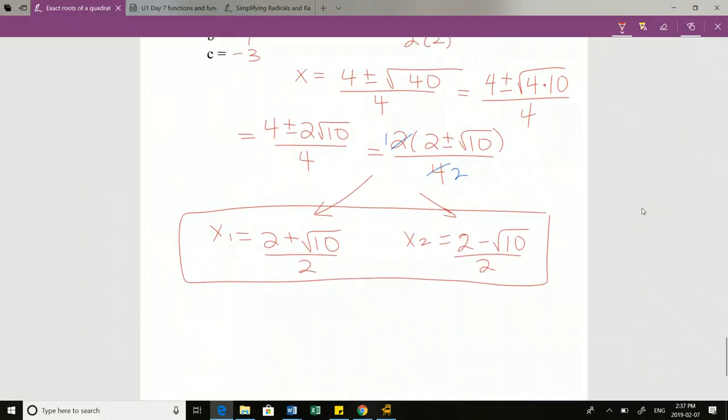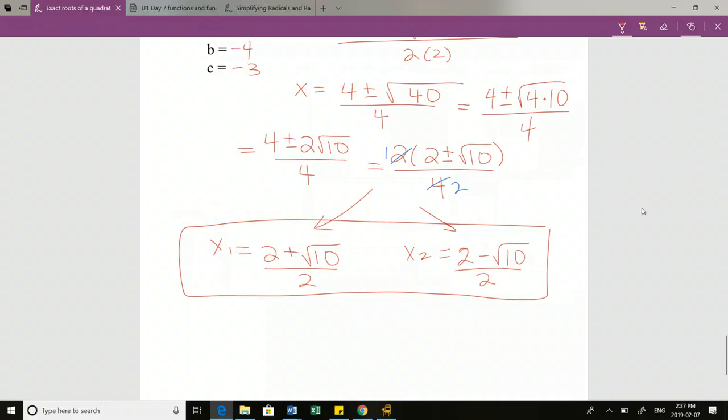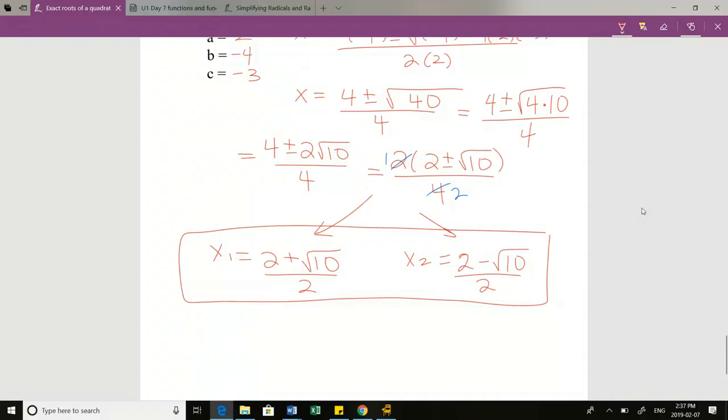Can you go over from the 4 plus or minus 2 root 10 over here to here? Okay, so I'm just common factoring. So what I would like to focus on at this step right here is the 4 and the 2.